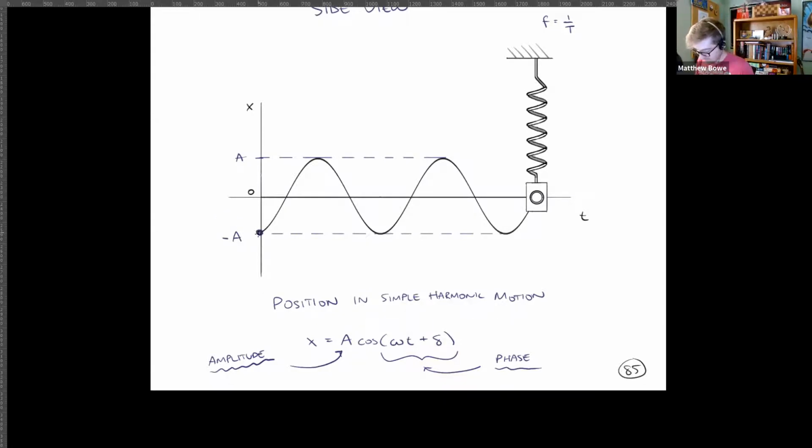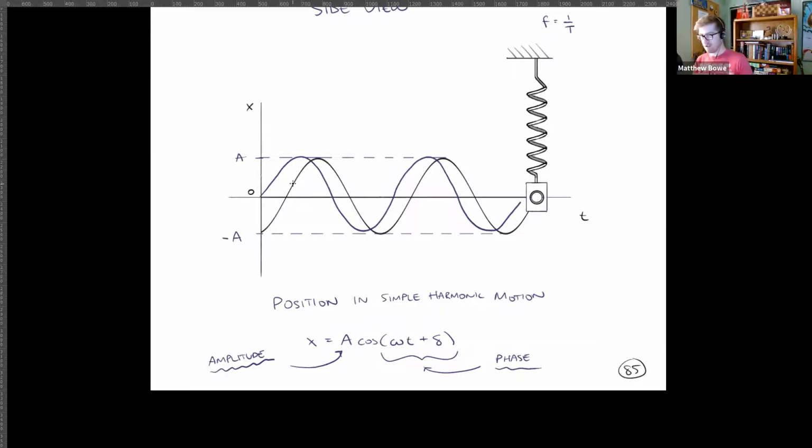Why did I start right here? I could have started with a wave that went like that. And by doing this, you see it's shifted over. This would be something with a different phase.